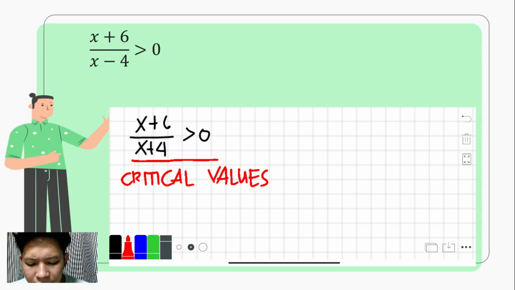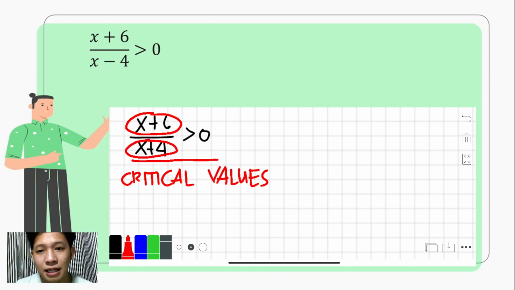So kung mapapansin niyo, we have here two critical values. We have here the critical values for x plus 6 and the other one which is x plus 4. Hindi naman na siya factorable. So bakit pa natin siya ipa-factor out? Hindi naman na natin siya pwedeng i-factor. So, ibig sabihin, ito na po yung kukunan natin ng critical values.